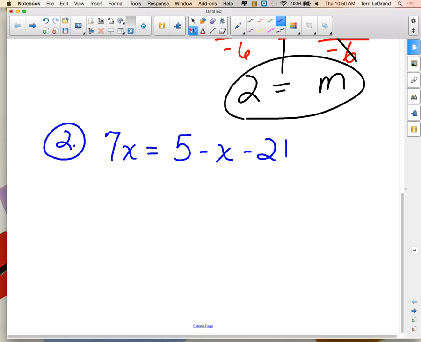Who wants to share with us how we're going to rewrite this? Sam. Okay, what's it going to look like? 7x equals 5 plus negative 1x plus negative 21. Good job. There's its new name. It's going to be more user-friendly this way. I like user-friendly.